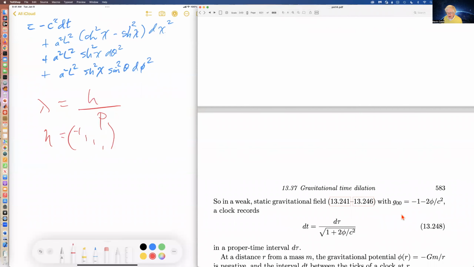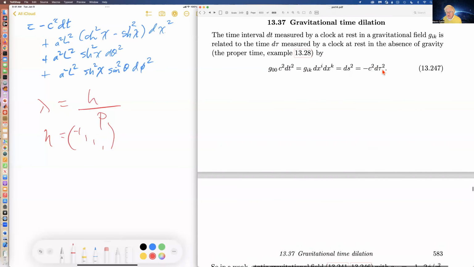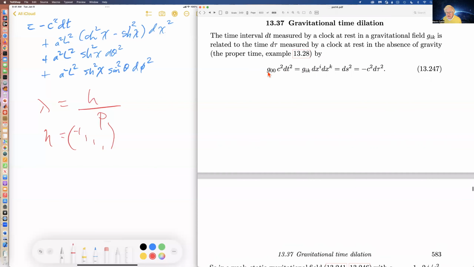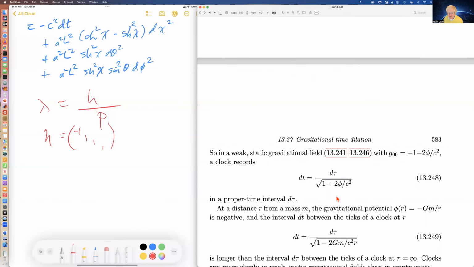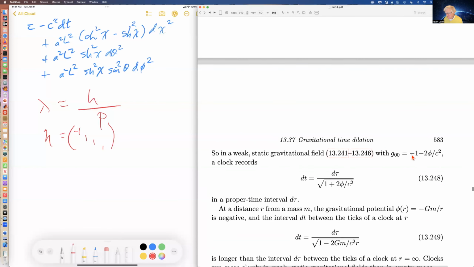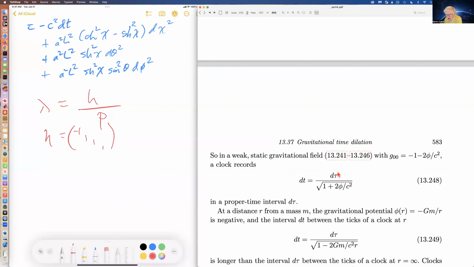And so now the relation is that dτ is related to dt by this factor of g00, and the c squareds cancel, and a minus sign. But on the other hand, g00 for a gravitational field is minus 1 minus 2 phi over c squared. So dt and dτ look like this. So dτ is the time at spatial infinity, and dt is the time for the clock in the gravitational field.